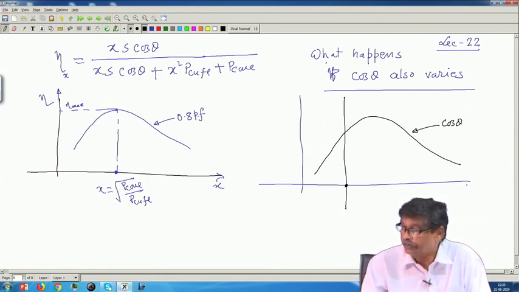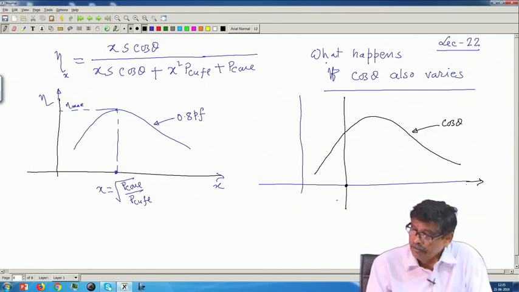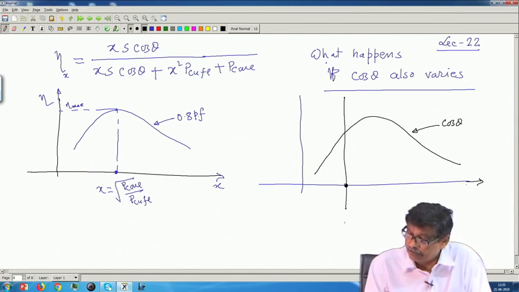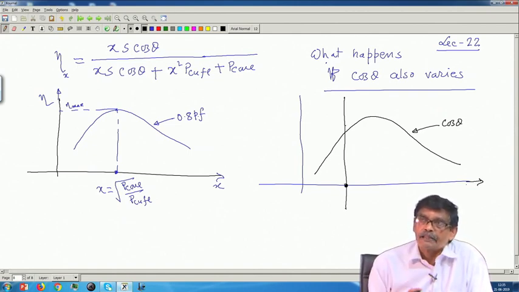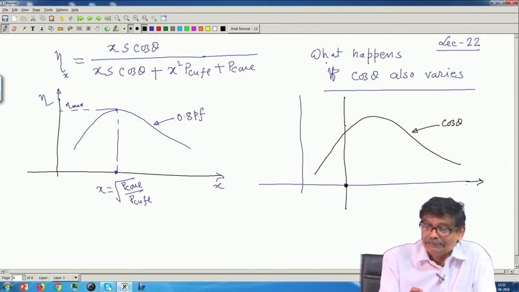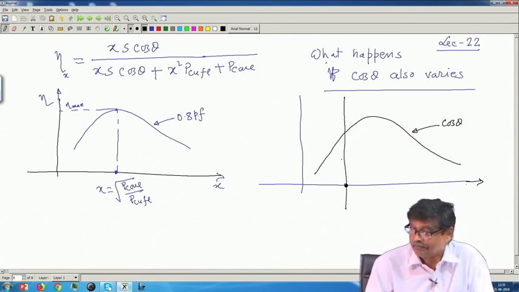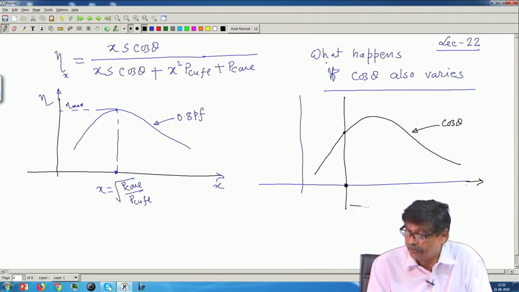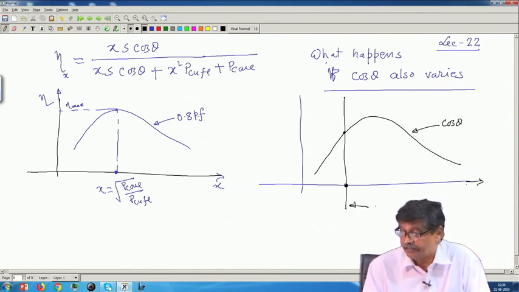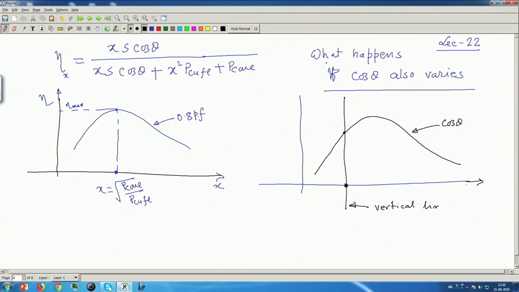So, to do that, this is my x, no doubt. I will keep this x fixed and vary theta. So, at a given x, this vertical line I will keep fixed, which means x into S, I have fixed.